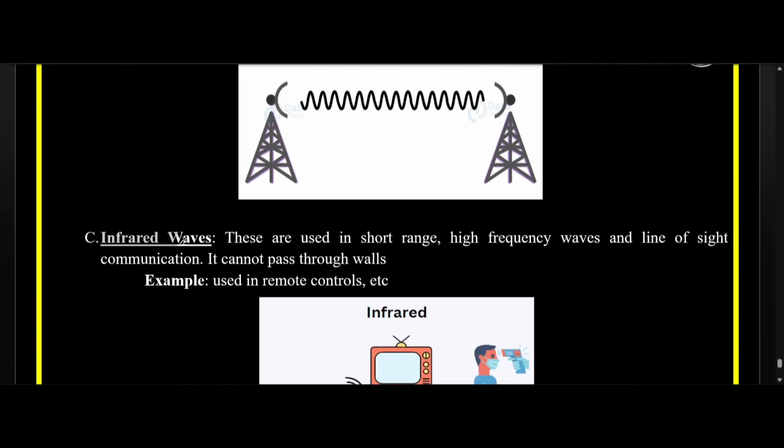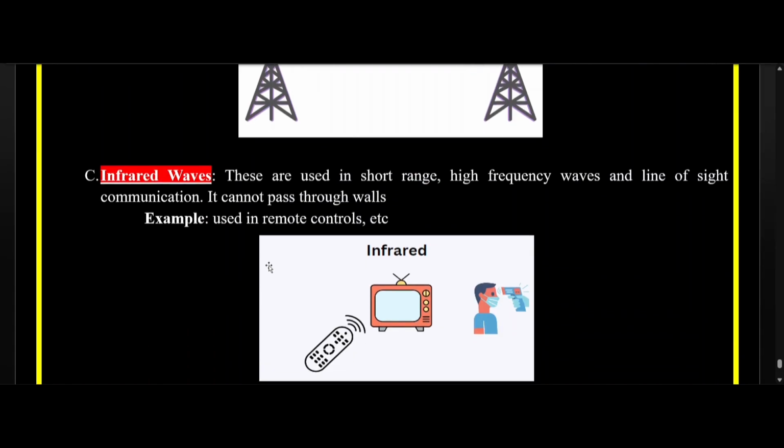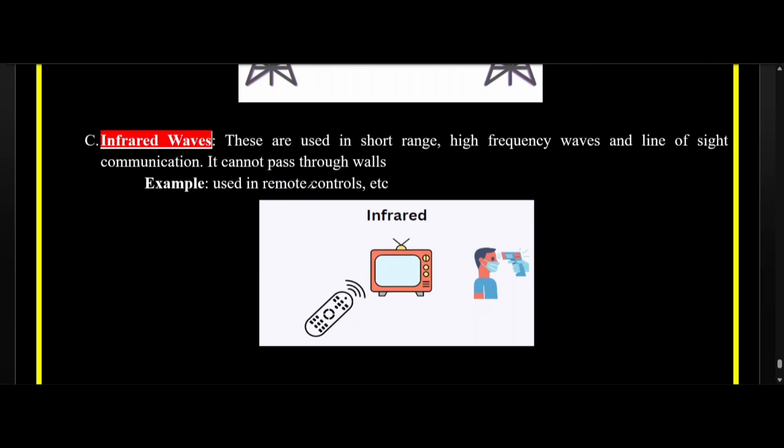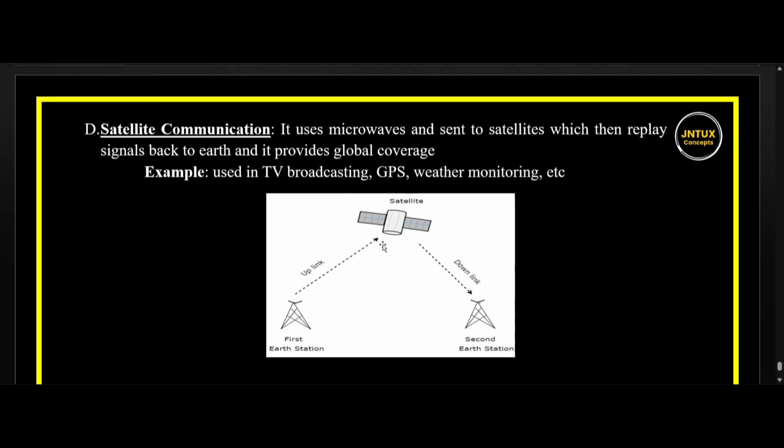The third one is infrared waves. These are used in short range, high frequency waves and line of sight communication. They cannot pass through walls. These are used in remote controls like TV remotes or remote control cars, etc. Satellite communication is the last type of wireless communication. It uses microwaves that are sent to satellites, which then relay signals back to the earth, and hence it provides global coverage.